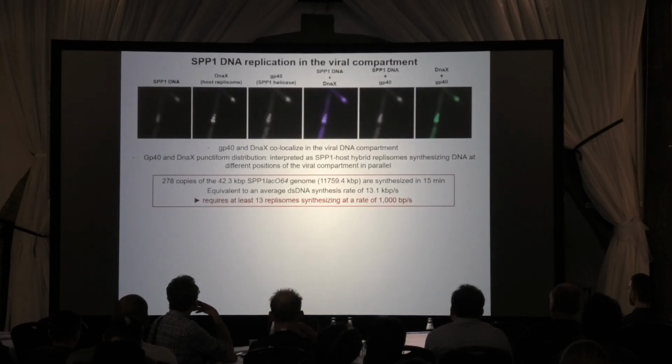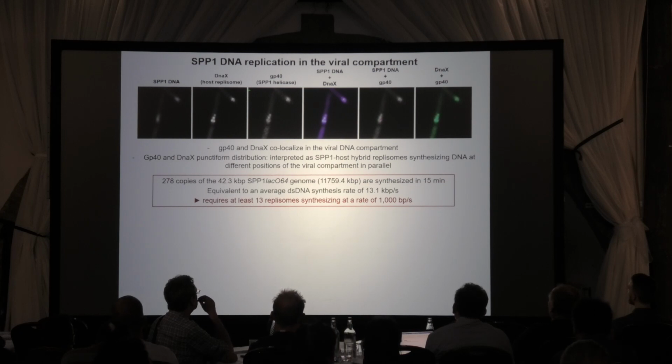To address this, and this is just an example of a long experiment that we made, we labeled all the host replisome proteins, the bacterial proteins fused to fluorescent proteins, and we also constructed fusion proteins to some of the phage replication proteins. And I will summarize a bit later what comes from the phage in the replisome and from the bacterium.